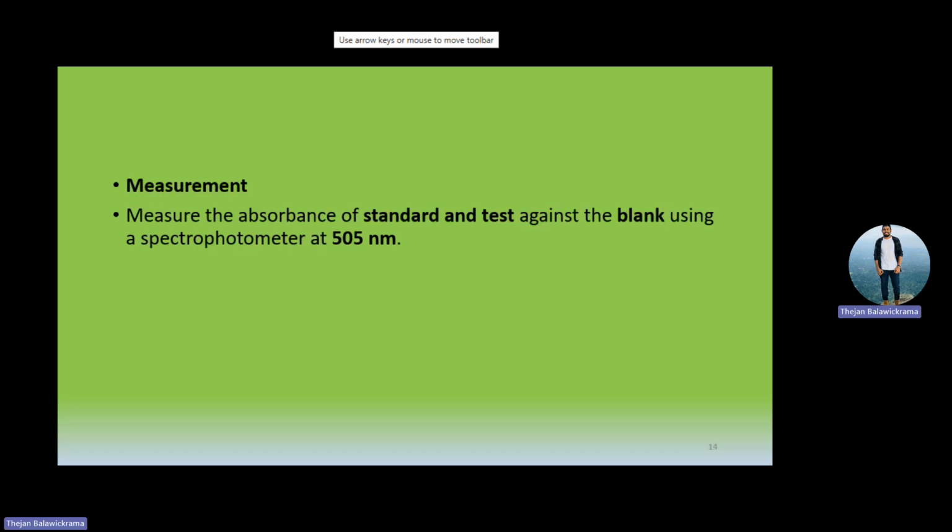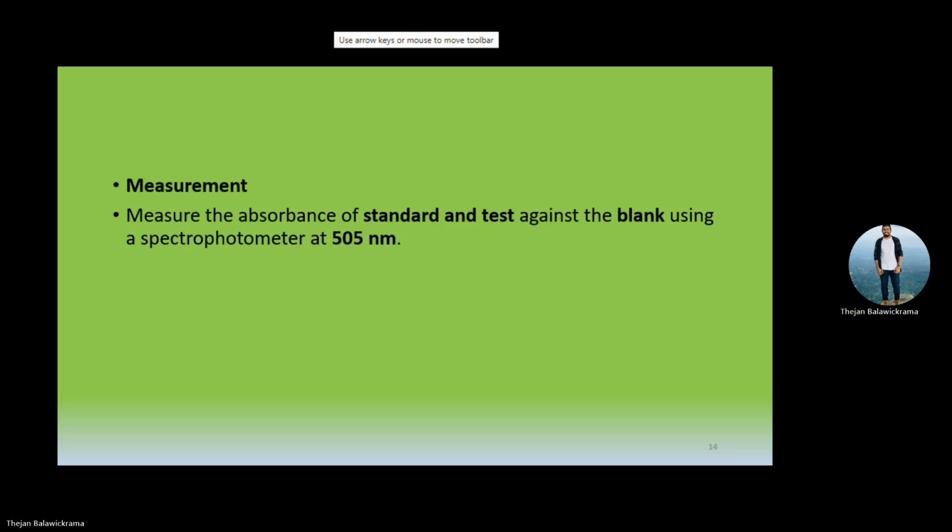After that, we take the measurement. What measurement? We go for a spectrophotometer. In that case, we have three: blank, standard, and the real blood sample.